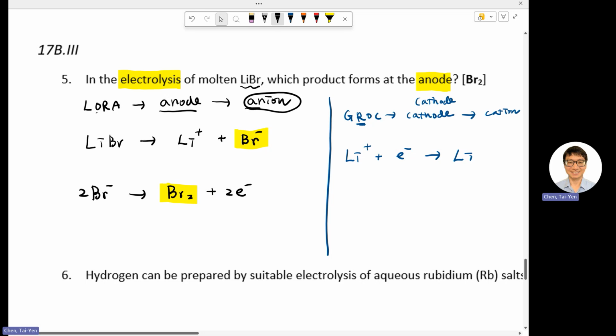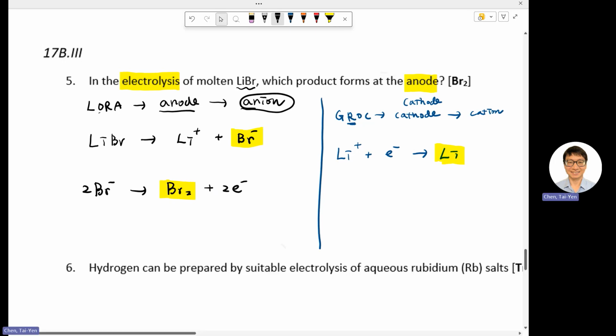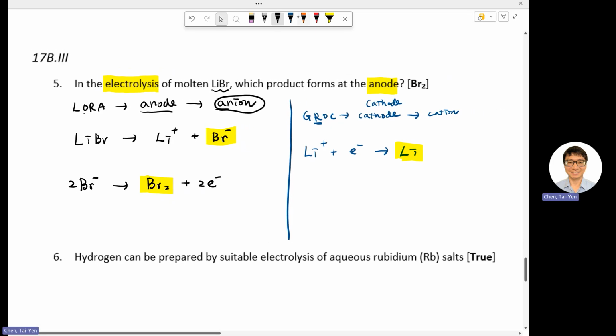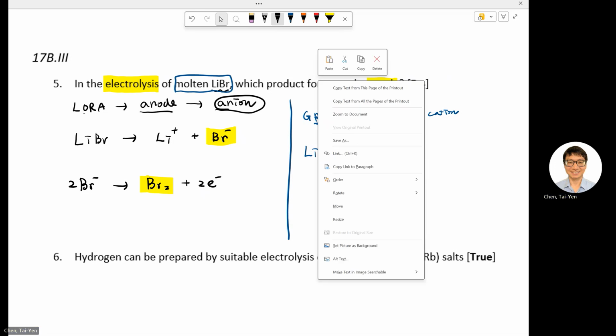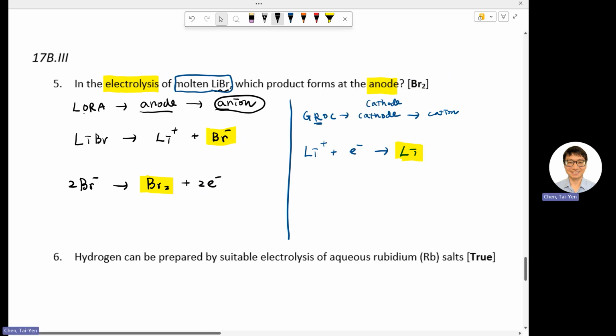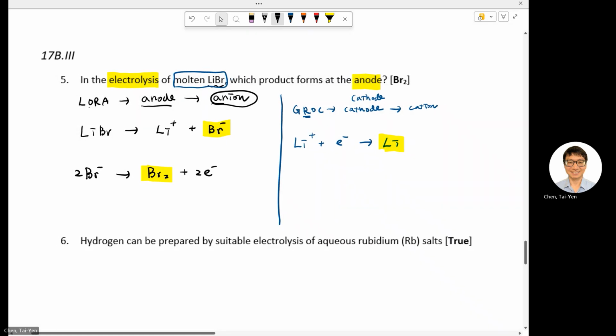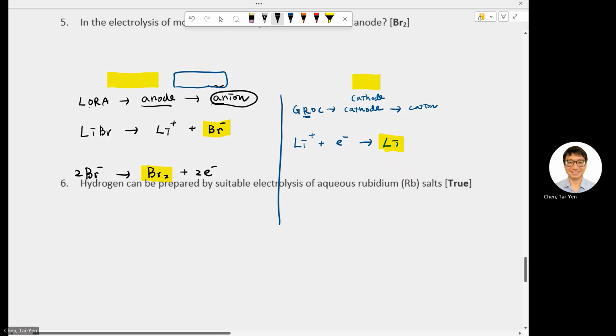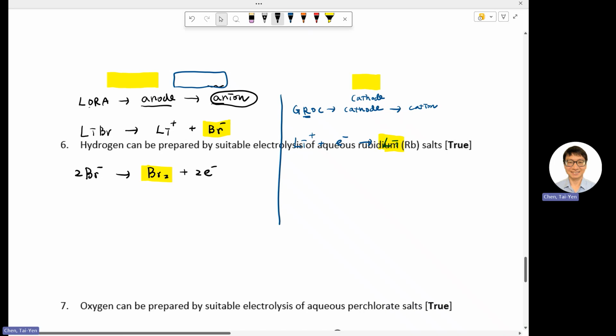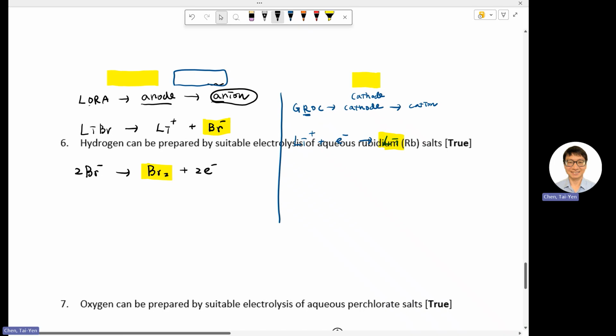So if they're asking for the product at the cathode, the product is simply lithium. This is the simplest case, the simple molten salt, and this is how you solve a question like this. That is the first question we wanted to go through.